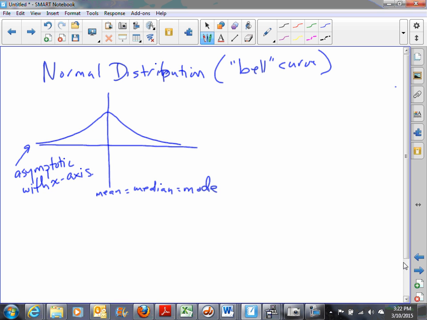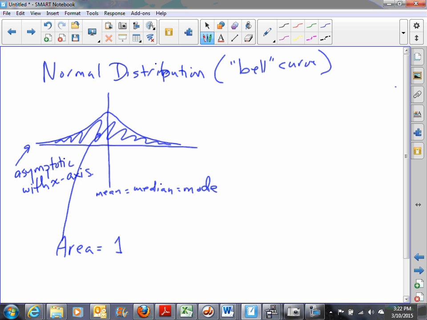Now, what we do in assigning probabilities is we think of the standard normal curve as this curve with an area between the x-axis and the curve of 1. So in the standard normal curve, we think of all of this region here, even out to infinity, to be equal to 1.